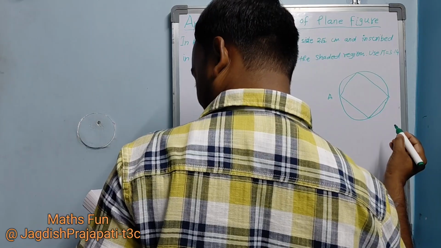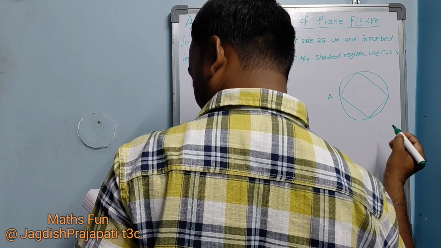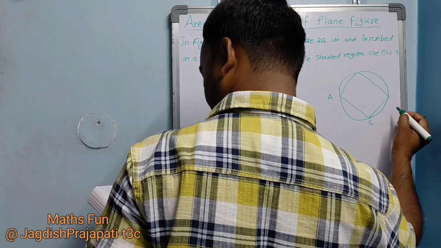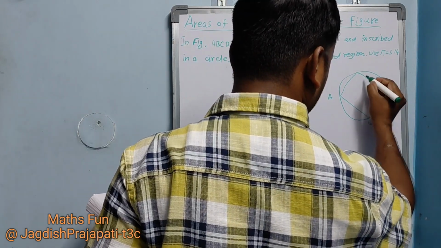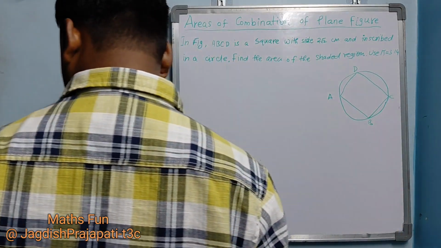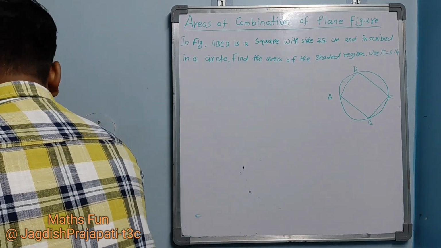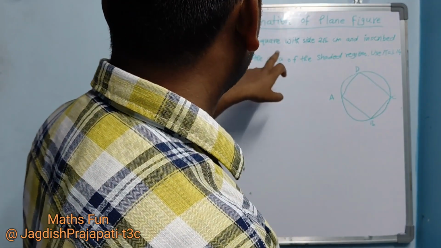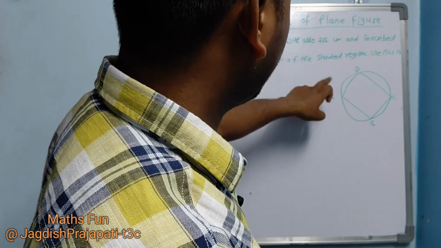A, B, C and D. Now, everything I have written here: ABCD is a square.